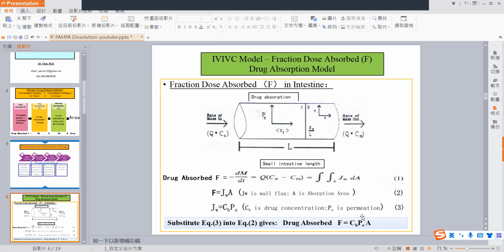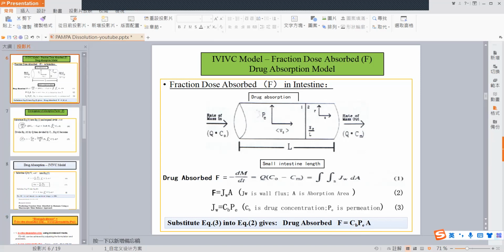By using this equation, we know we need to control the parameters CB and PE in the small intestine, so we can arrive at the drug absorbed as compared to the reference. The derivation we can see in the next PPT further proves this equation is valid.